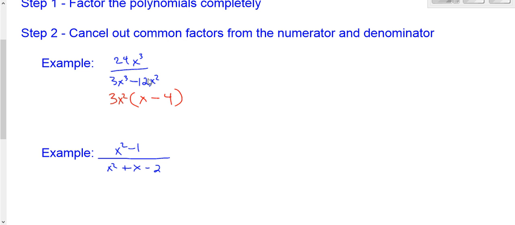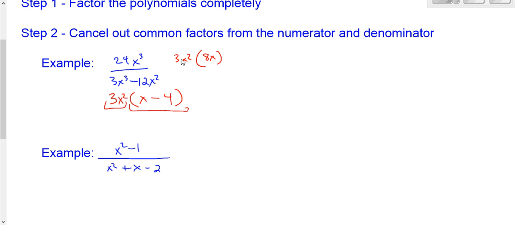Now we have two factors: 3x squared and x minus 4. Those are things that can be canceled out. When we look at 24x cubed, we're obviously not going to be able to cancel out an x minus 4, so we can see if we can factor out a 3x squared. 24 divided by 3 is 8, and if we factor out x squared from x cubed, we are left with x.